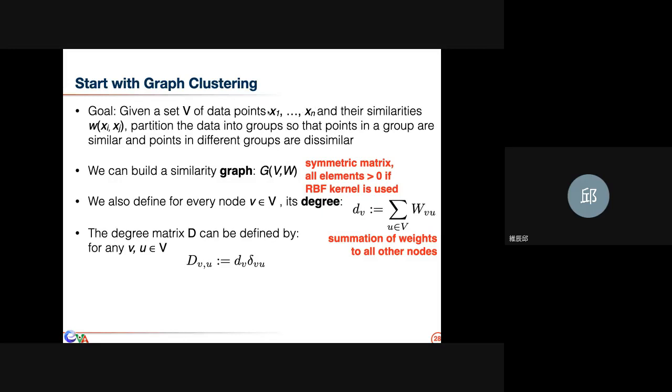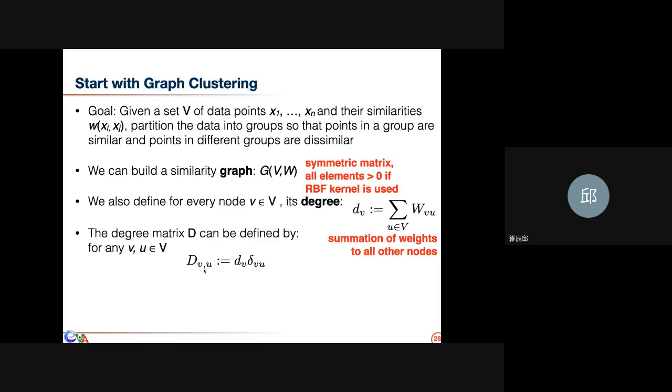As you can see, you have n data points, so you can build up an n by n matrix. This matrix is the degree matrix, and all the elements in this degree matrix are defined in this way.